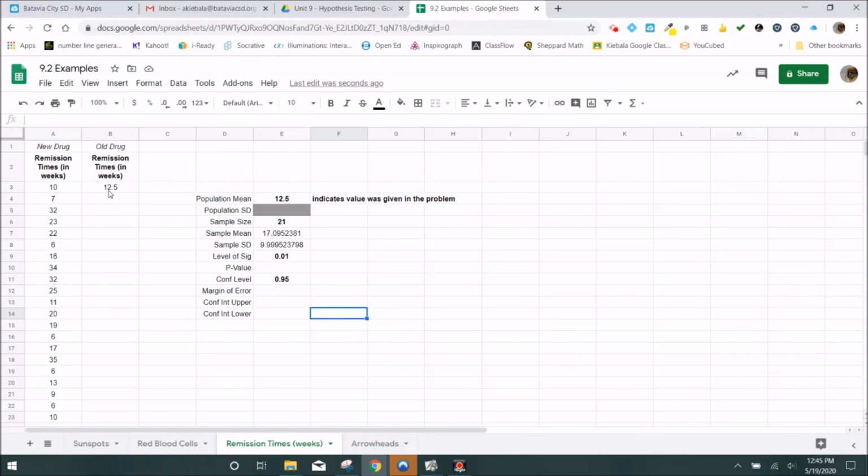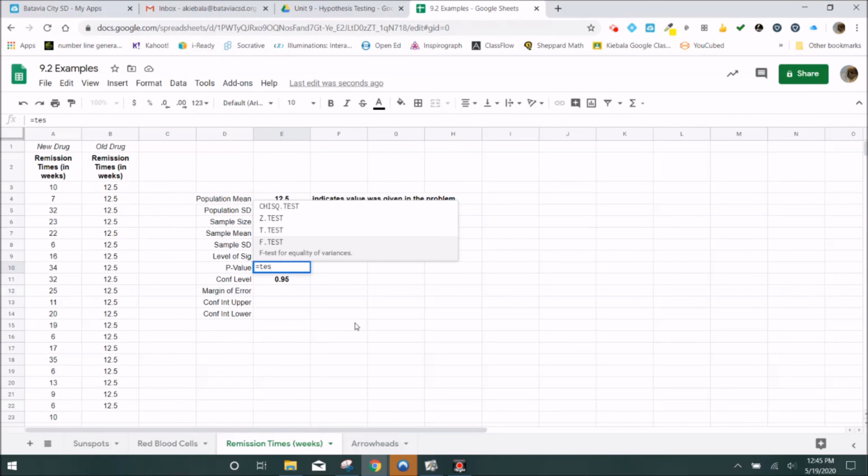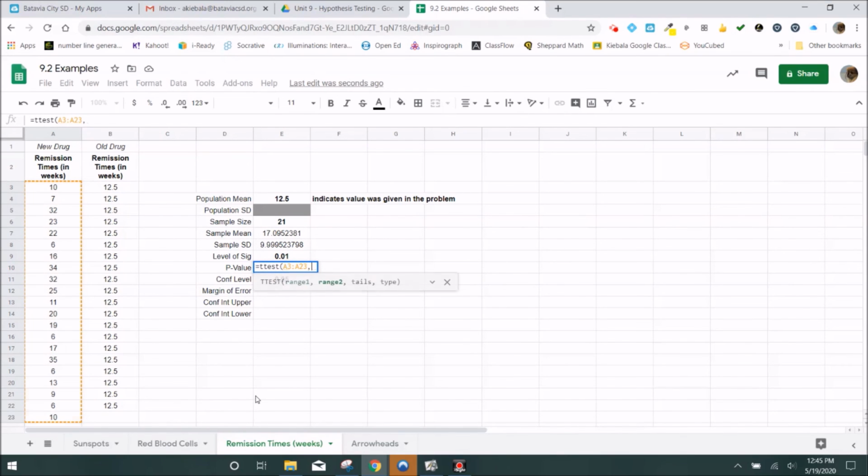So if we want to compare it to this 12.5, I'm going to drag this down to have a 12.5 in every box so that each piece of data has a pair with it. Because when we do a t-test, it wants two ranges. So range 1 would be those, and I'm going to have to fix this.